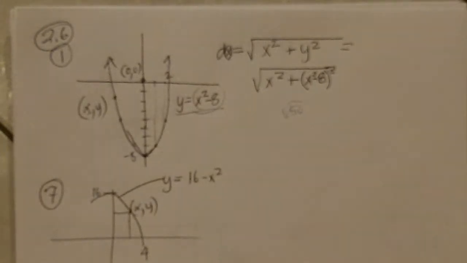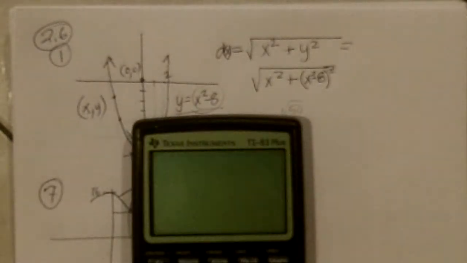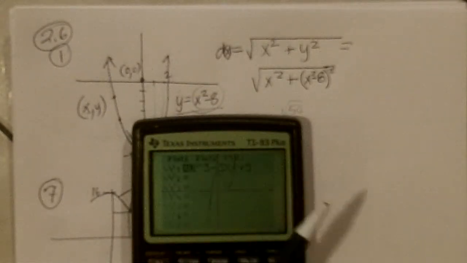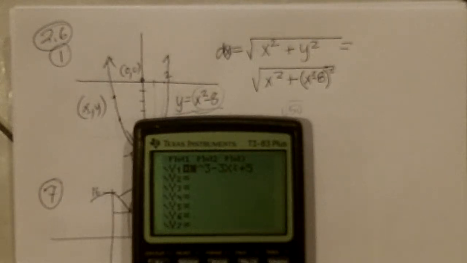And then it says graph it with a graphing utility. And we did this in class. You just turn it on, you push y equals, and you type in the square root of x squared plus parenthesis x squared minus 8 quantity squared, close the square root.